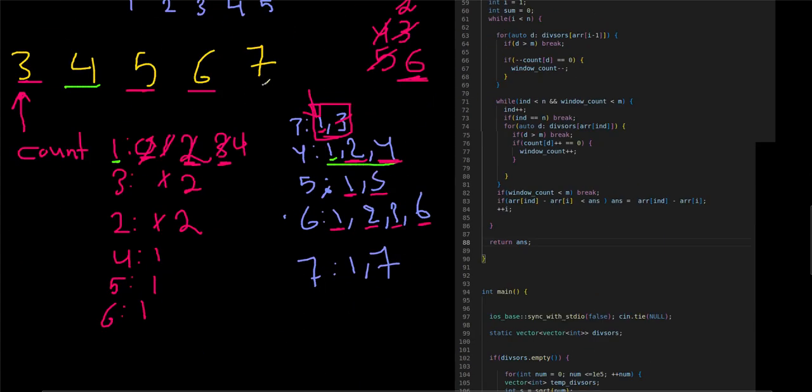Then we move to the next student, 7. The first divisor is 1, so we just increase this to 5.